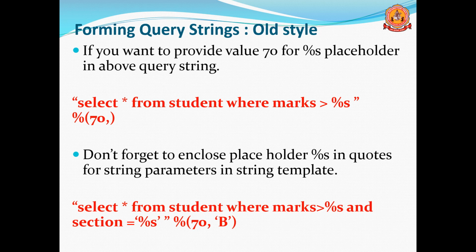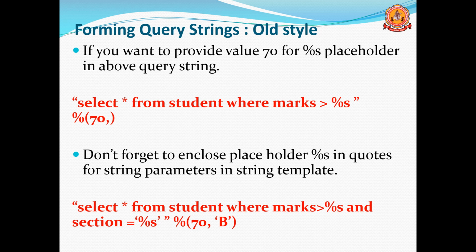So n number of %s we can give, which means that number of values should be provided. For example, if you provide 3 %s, then 3 values should be provided, or the tuple should contain 3 values. The first %s will be replaced by 70. The second %s is a string or character that is enclosed within a quote.